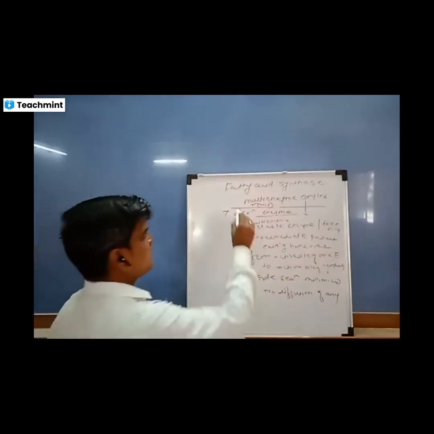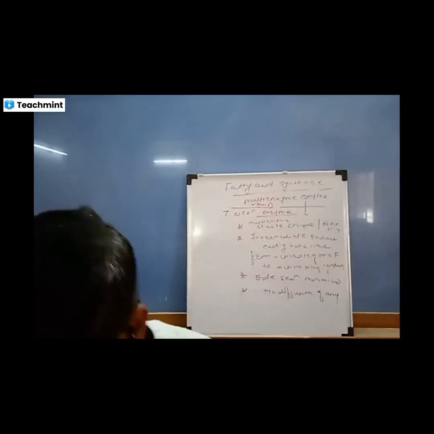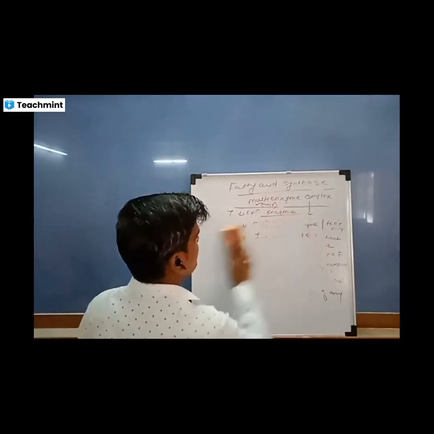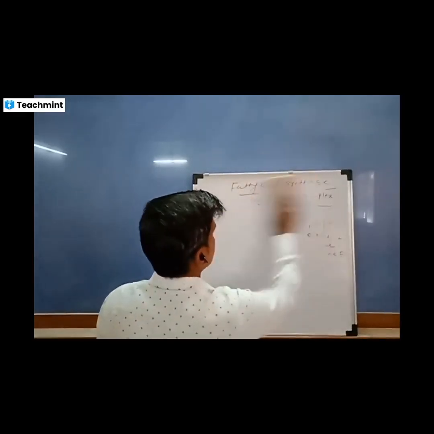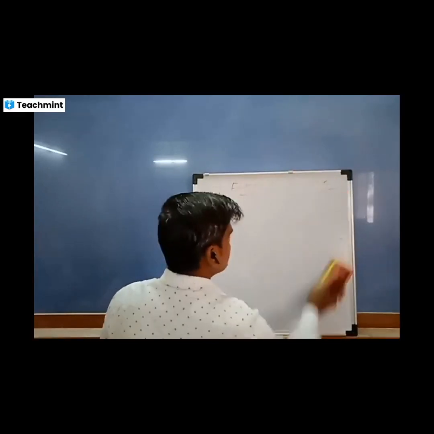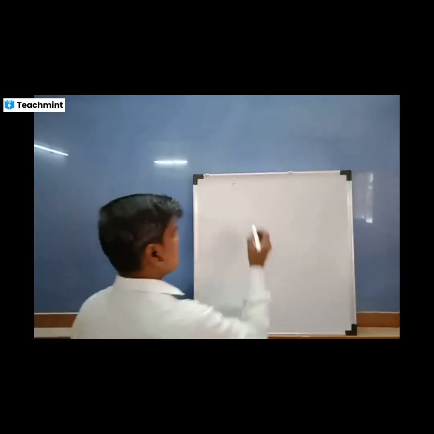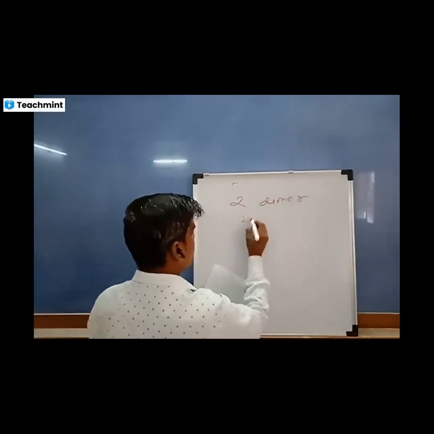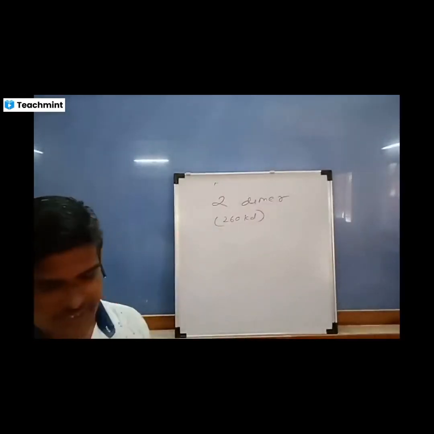So fatty acid synthase is the best example of a multi-enzyme complex, as this enzyme is made up of protein, because all enzymes are proteins made up of polypeptide chains. Fatty acid synthase is a dimer of two polypeptide chains. Dimer means it is made up of two polypeptide chains, with a molecular weight of 260 kilodaltons. Each chain is folded into three domains.